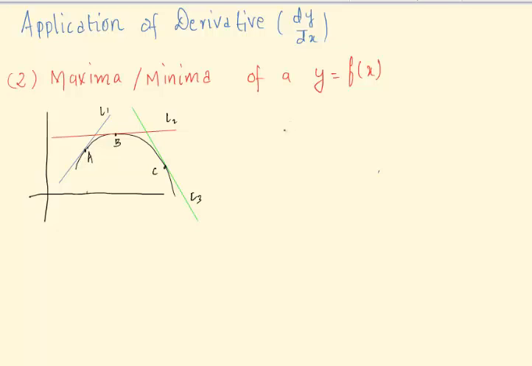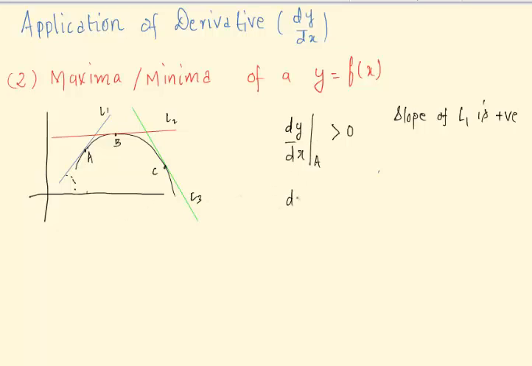That means dy by dx at A is greater than 0 because the slope of L1 is positive, because it will make an acute angle with the positive x-axis.